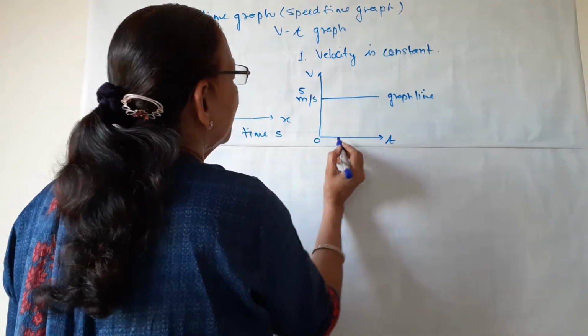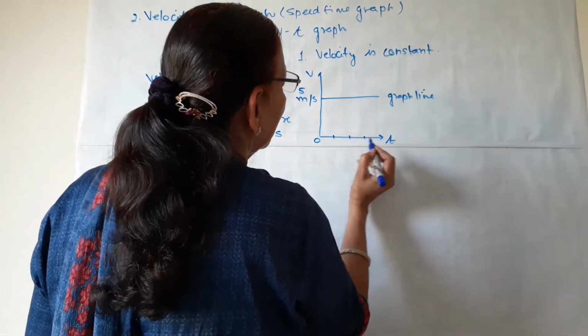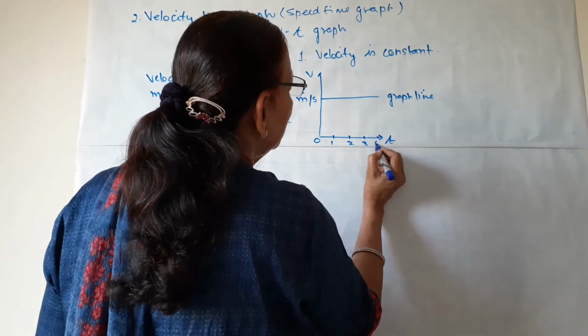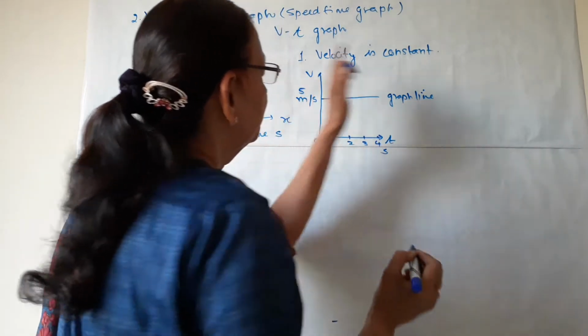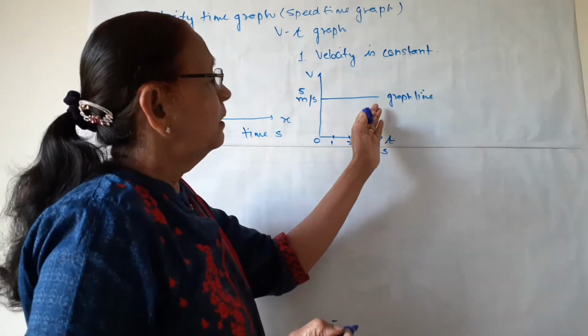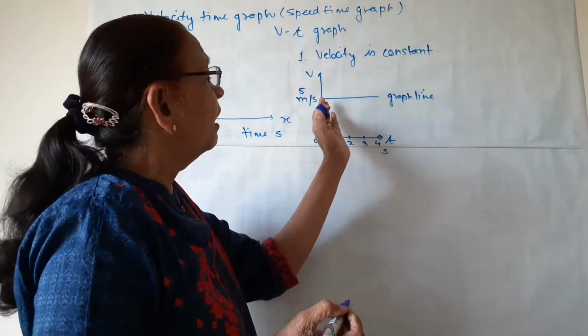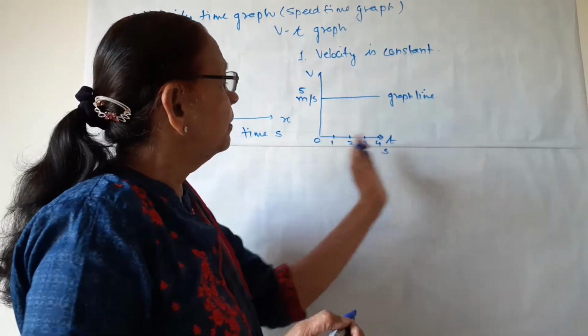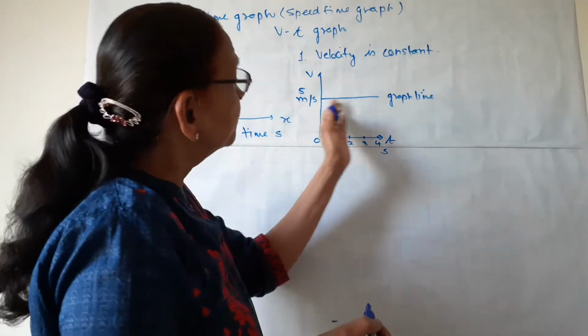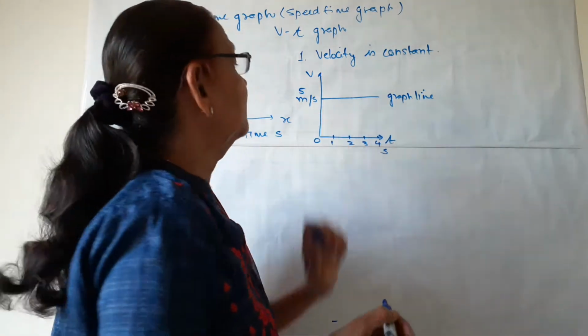This is 0 and this is time in seconds: 0, 1, 2, 3, 4 seconds. Suppose this is the graph and we have a graph line. We achieved a graph line which is horizontal, parallel to the x-axis.